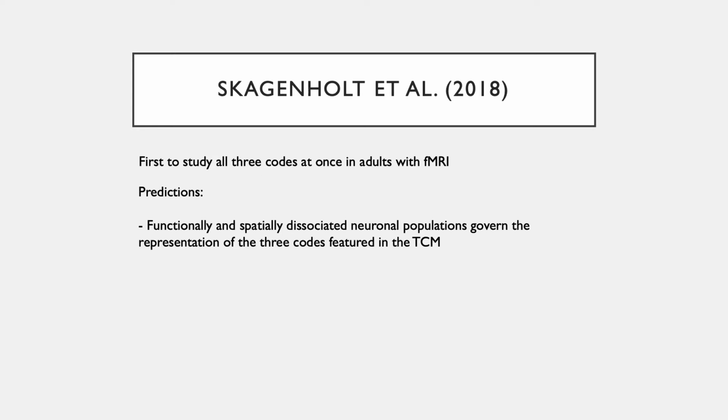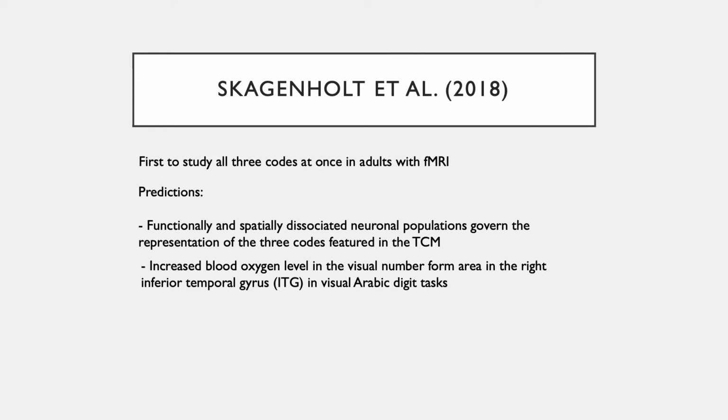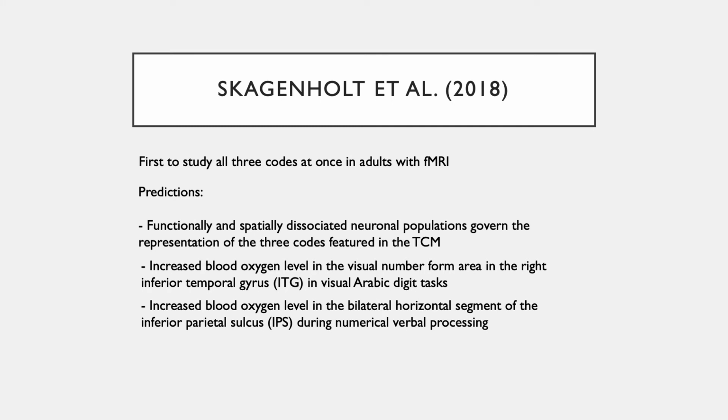The predictions of the study included functionally and spatially dissociated neuronal locations responsible for all three codes of the TCM, increased blood oxygen level in the visual number form area in the right inferior temporal gyrus in visual Arabic digit tasks, increased blood oxygen level in the bilateral horizontal segment of the intraparietal sulcus during numerical verbal processing, as well as activation of the intraparietal sulcus across all tasks.